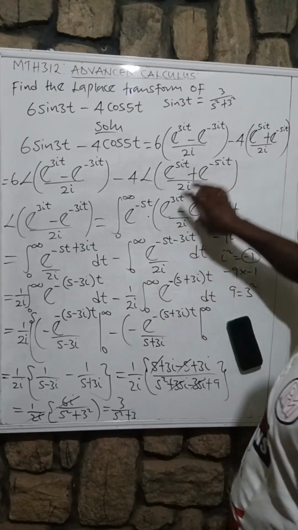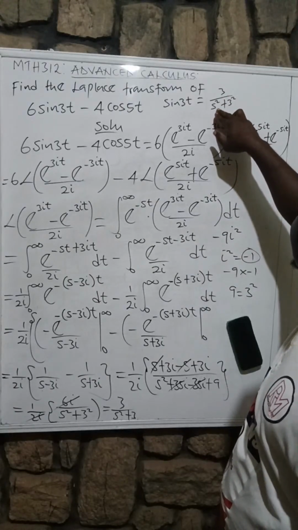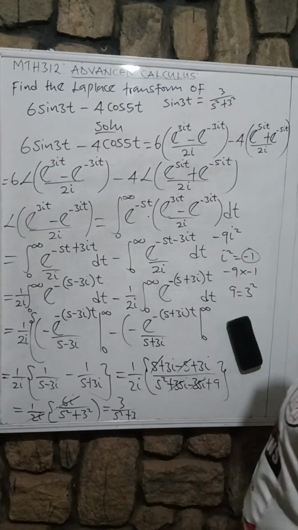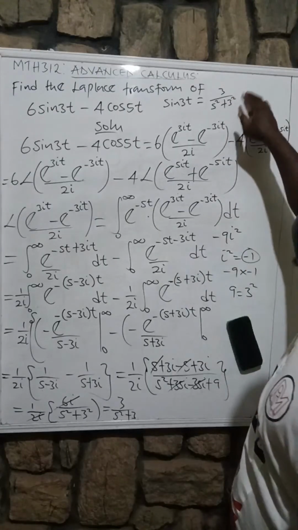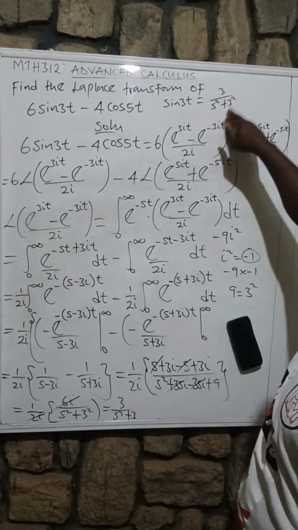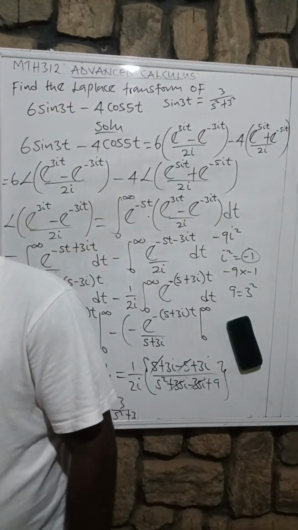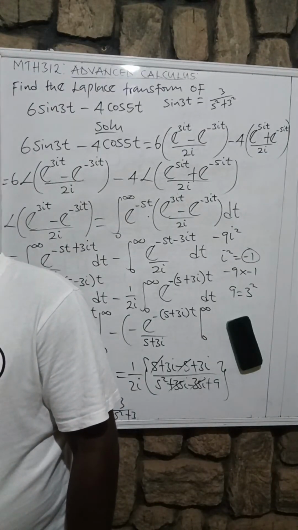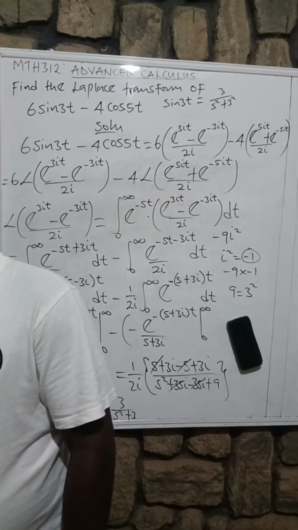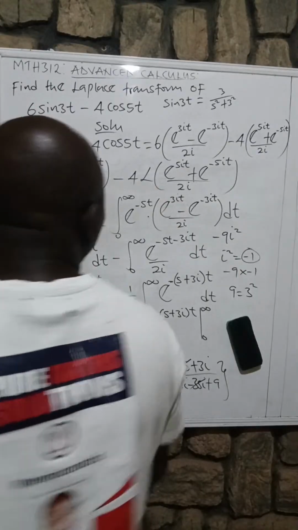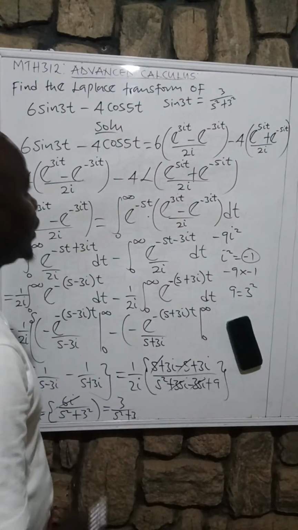So if this can give us 3 all over s squared plus 3 squared, it means here we are going to have 5 all over s squared plus 5 squared. Yes, it's going to be plus. That is what we are going to have.